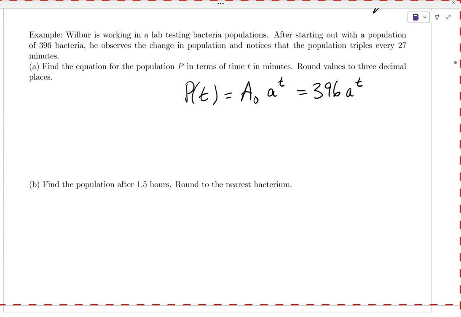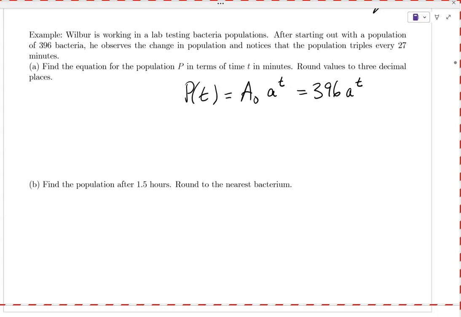So if we plug in 27 into this function, what do we want to come out? Not quite 81, because how many do we start with in this case? 396. So if it triples, how many do we want out of it? If you start with 10, tripling means you get to 30.